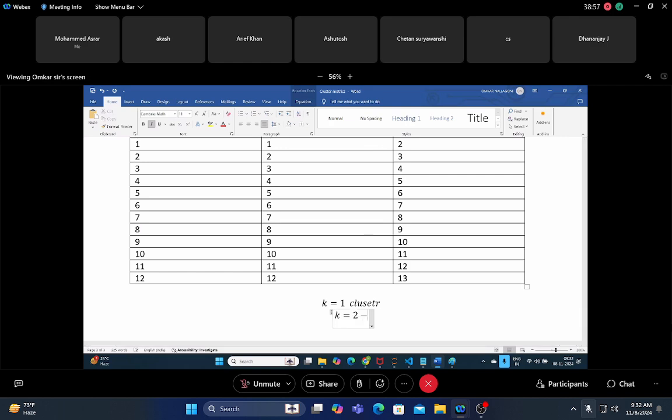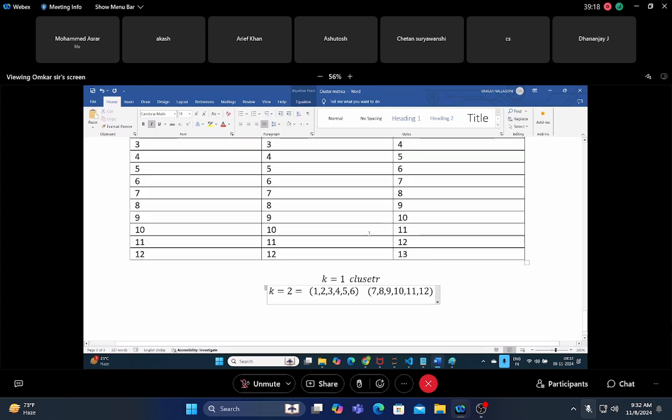K is equal to 2 means what happened? 1, 2, 3, 4, 5, 6 are one group. Another group is 7, 8, 9, 10, 11, 12.